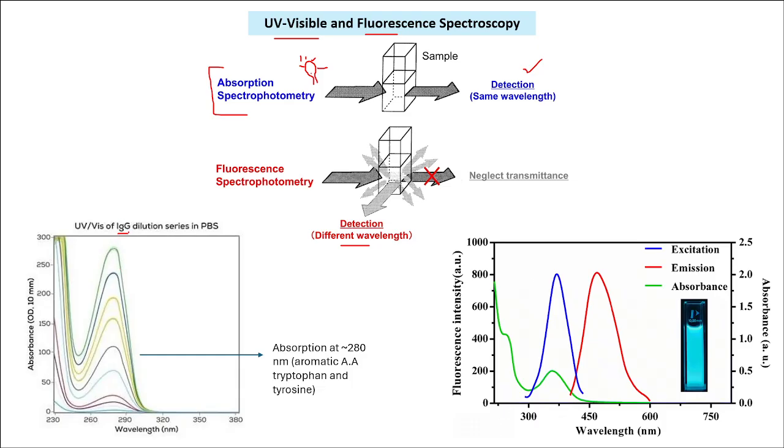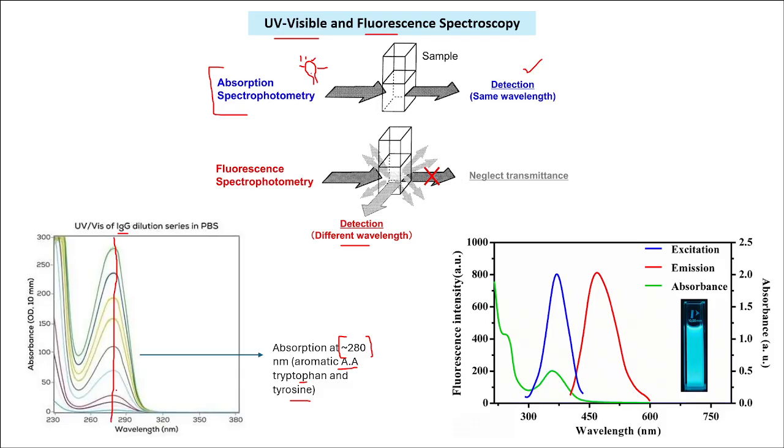Suppose we are recording the absorption spectra of immunoglobulin G in PBS. Now we know that it has aromatic amino acids, tryptophan and tyrosine, because of which it gives absorption at 280 nanometers. So we can see the peak here.